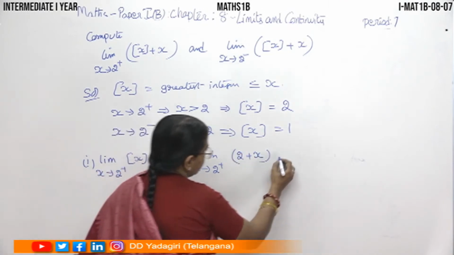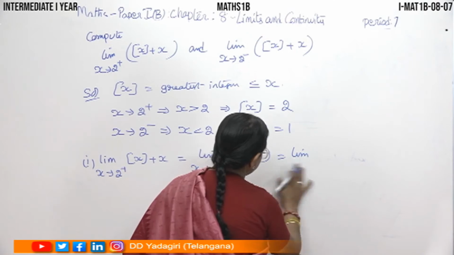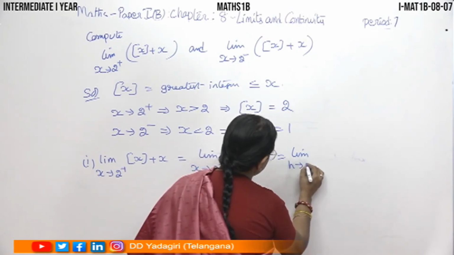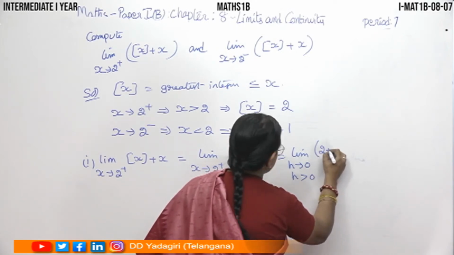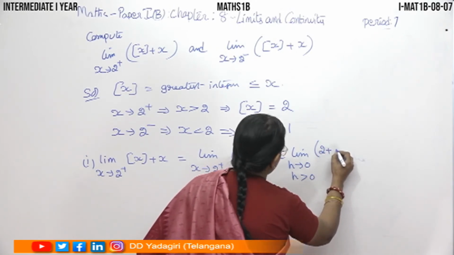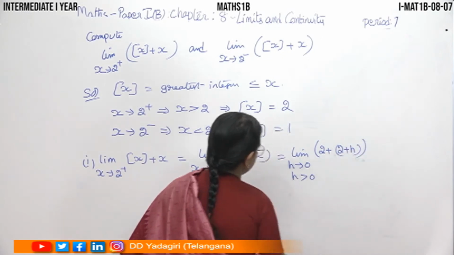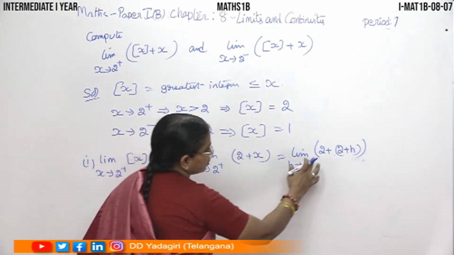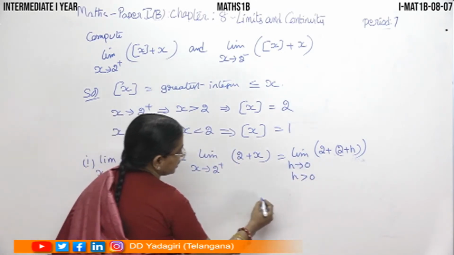So it is equal to the limit as h tends to 0, with h greater than 0, of 2 plus a plus h. A is 2. So 2 plus 2 plus h. So the answer is 4.